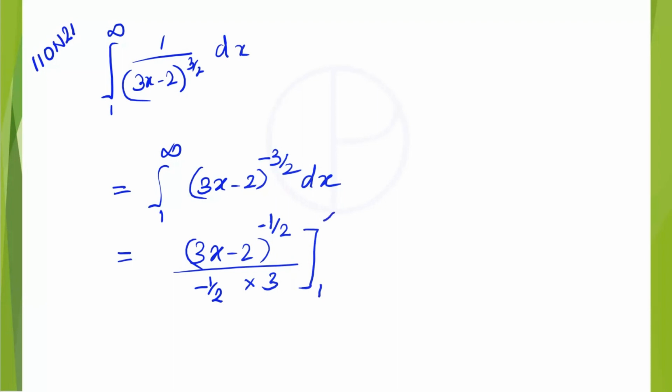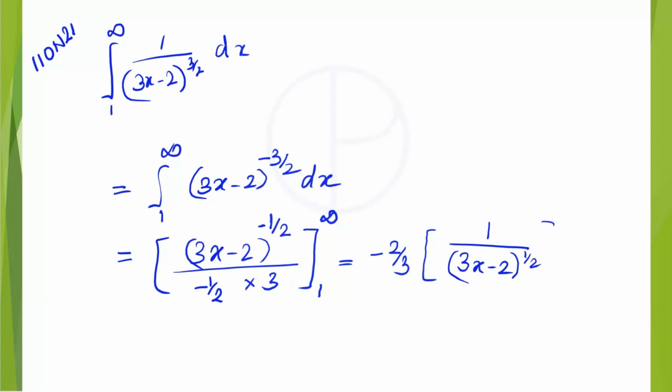So the limit is 1 to infinity. Let's rearrange this integrated function. So we get negative 2 over 3 multiplied by 1 over (3x minus 2) the whole power 1 over 2, and the limit is 1 to infinity.